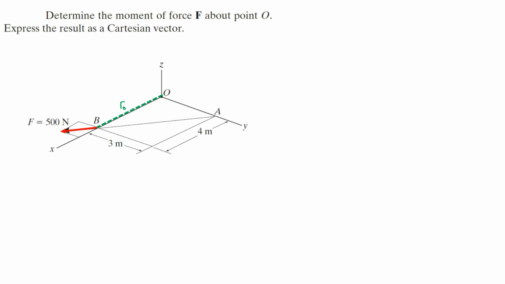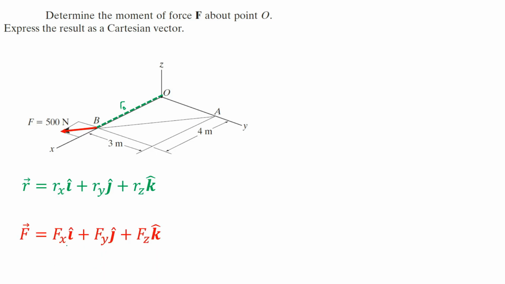The formula for the moment arm is Rx i hat, Ry j hat plus Rz k hat. And to get the force, that is Fx i hat plus Fy j hat plus Fz k hat. But since what is given here is just the magnitude, we will use the force formula that we discussed previously, in which force is equal to the magnitude of the force times the unit vector.